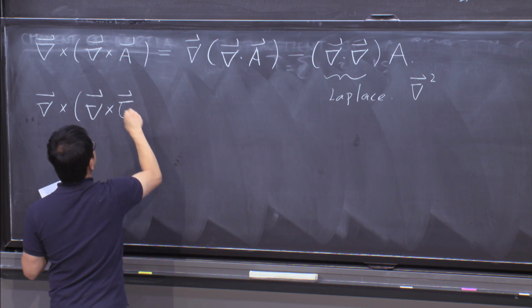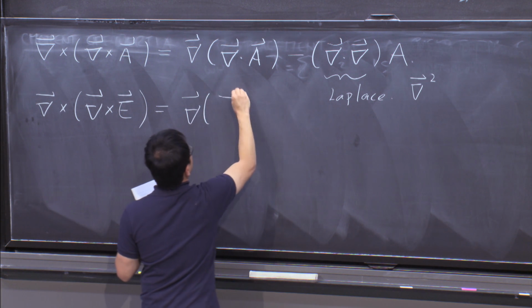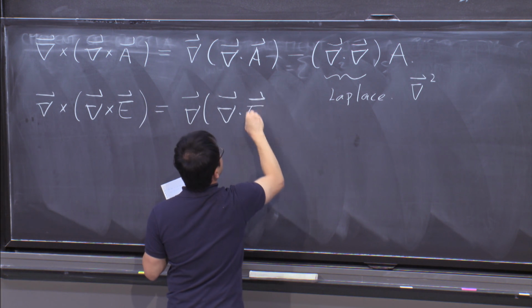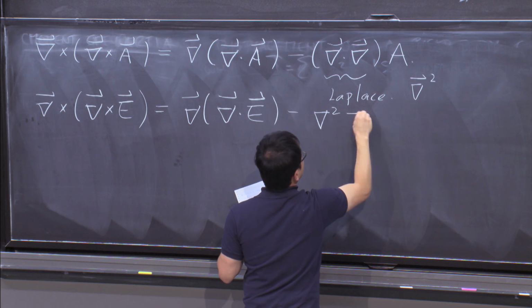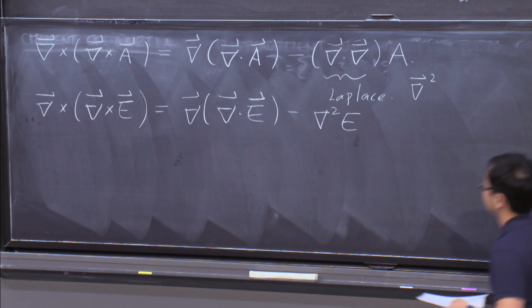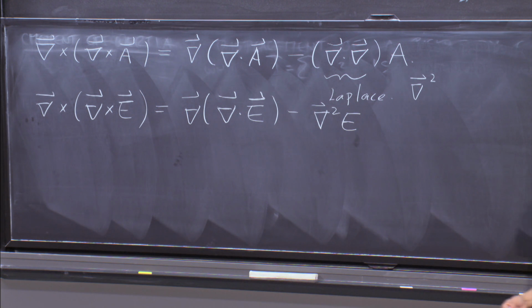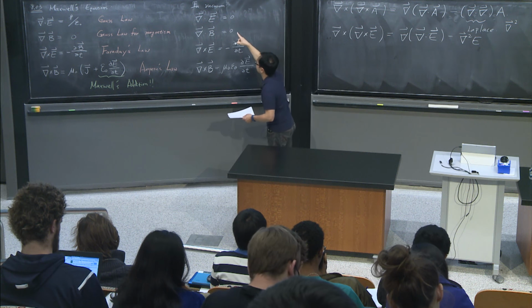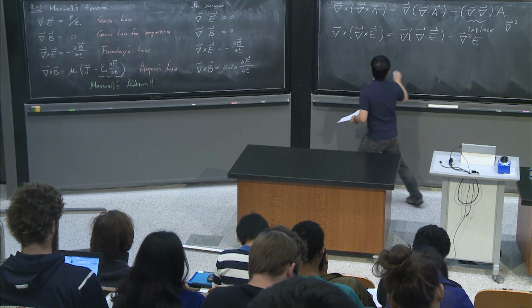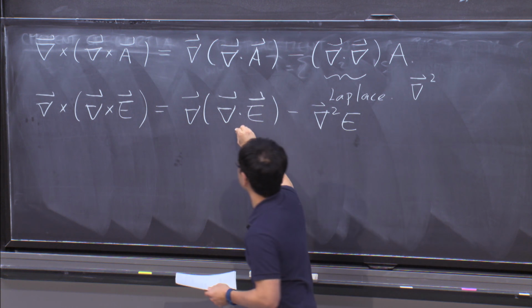Curl of curl of E will be equal to del divergence of E minus del square E. Okay? And based on the four Maxwell's equations, we can immediately recognize that divergence of E is equal to 0, right?